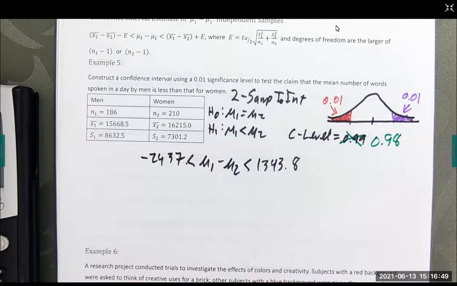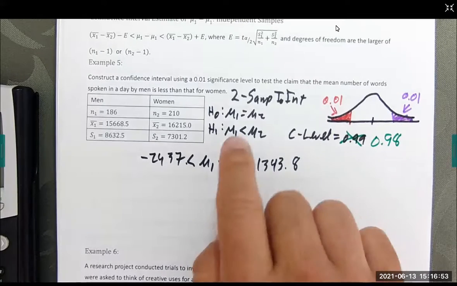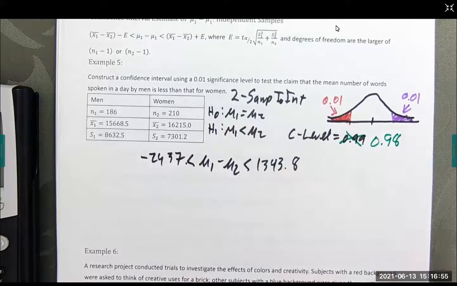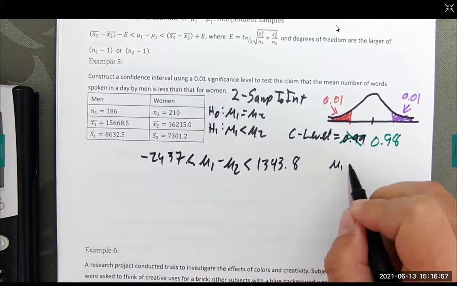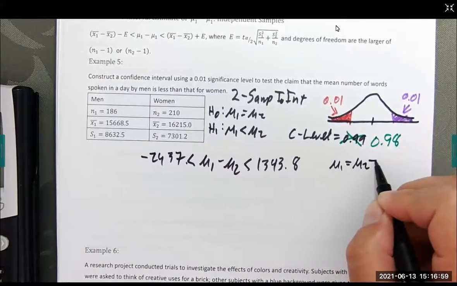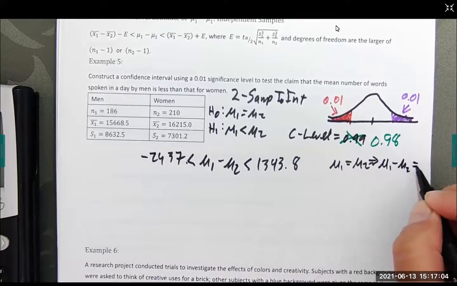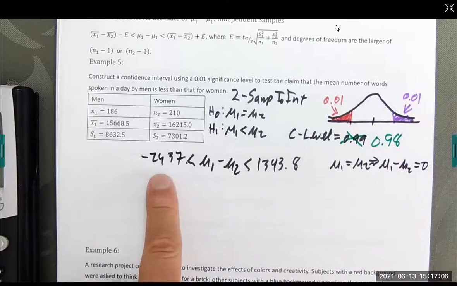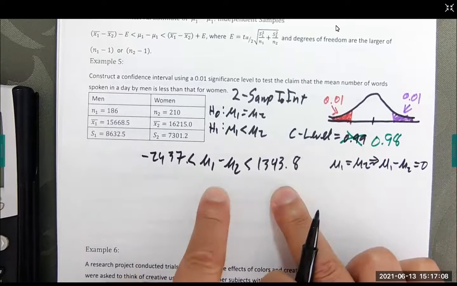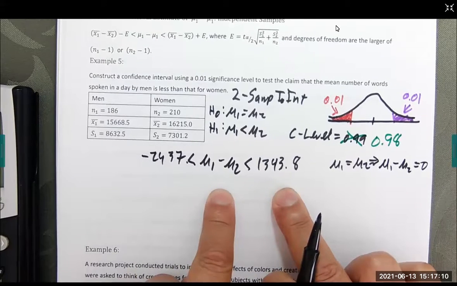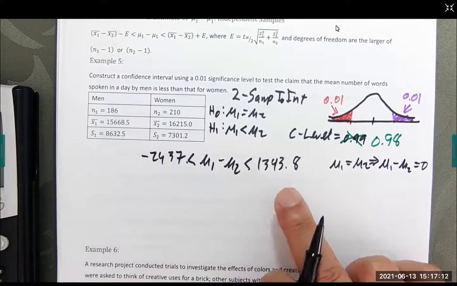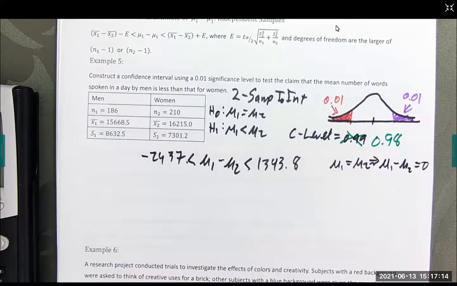And here's how we know that we're good. Because our null hypothesis is here, this means that mu sub 1 equals mu sub 2 becomes mu sub 1 minus mu sub 2 equals 0 if it's true. And you can see we go from a negative to a positive, which means 0 is in here. So this is just another way to verify that we are going to fail to reject.